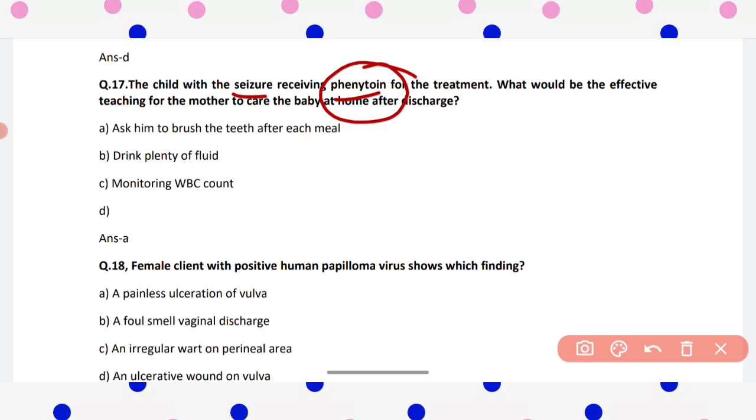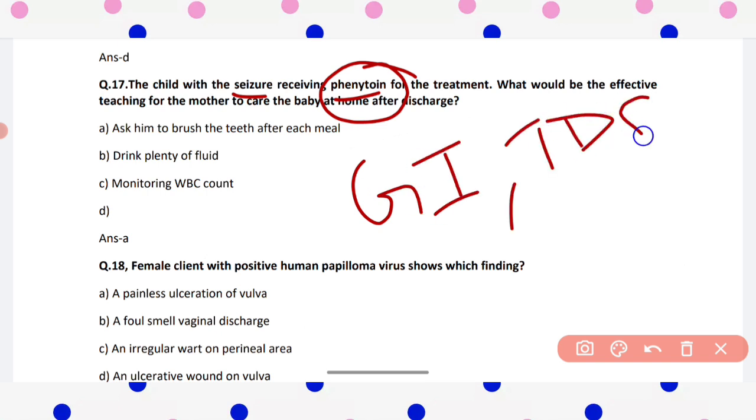What will the phenytoin do? It will cause gingival inflammation. The side effect of phenytoin is gingival inflammation, tooth decay and bad odor. So gingival inflammation, tooth decay and bad odor means halitosis will be there.